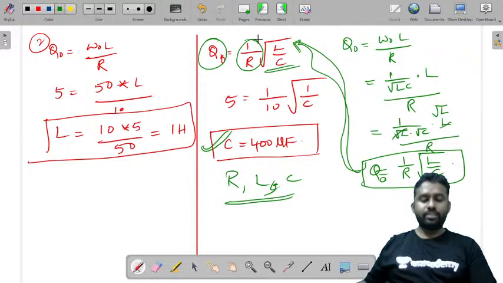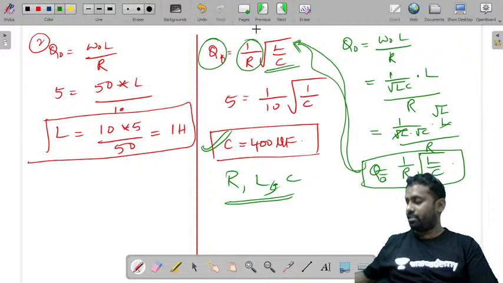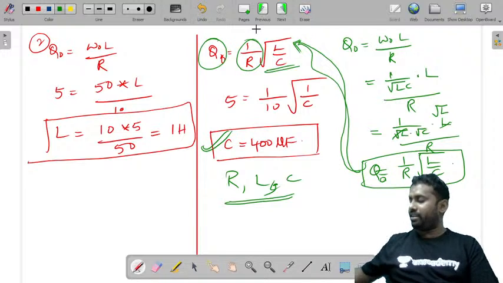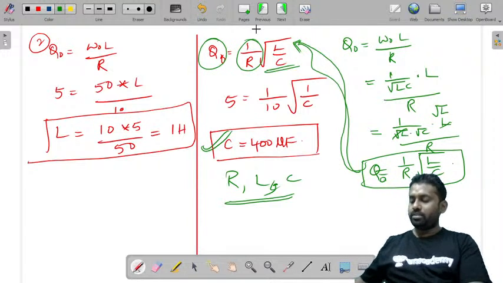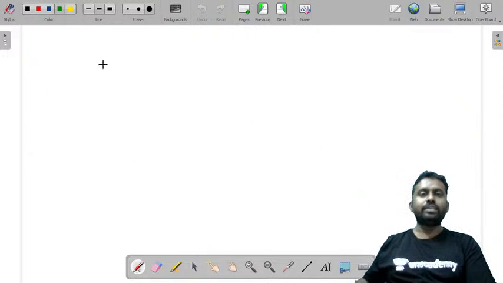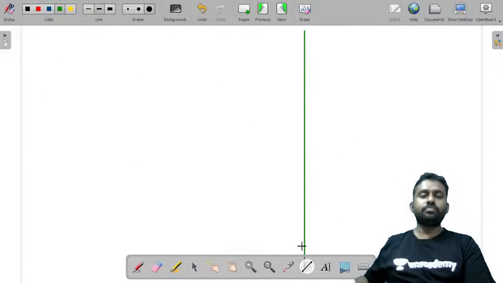So we have done with series resonance. Now let us discuss what is parallel resonance with one circuit. You also have many circuits for parallel resonance, but let's consider one circuit. Parallel resonance.